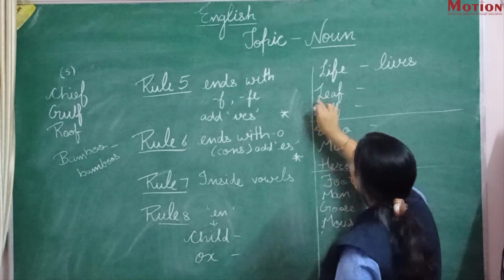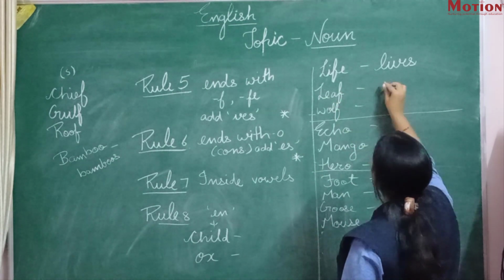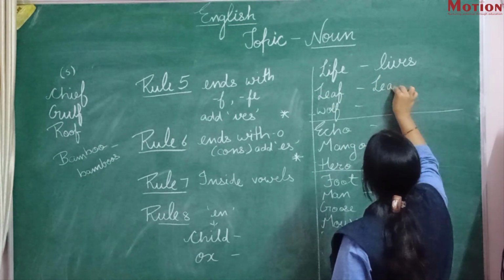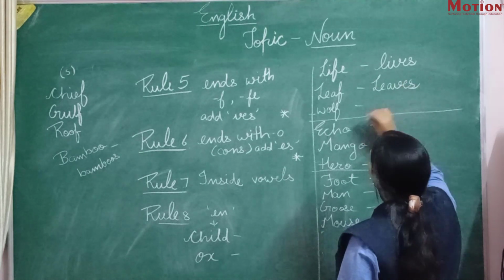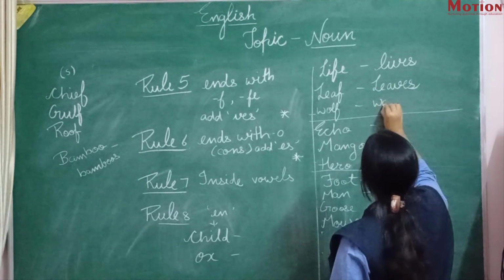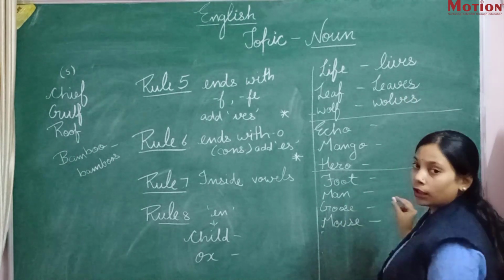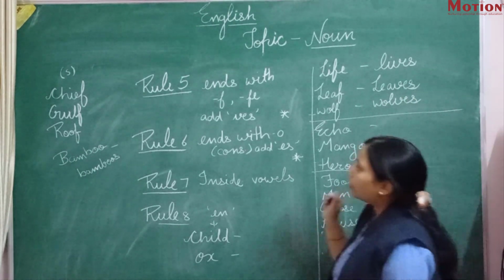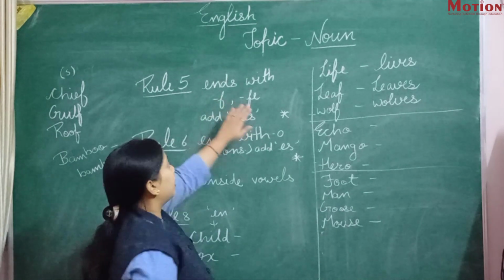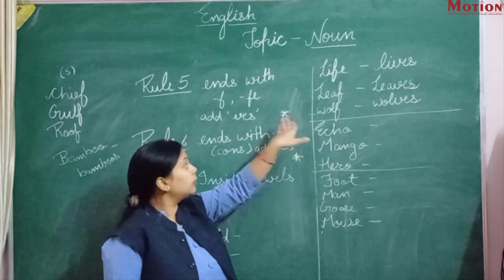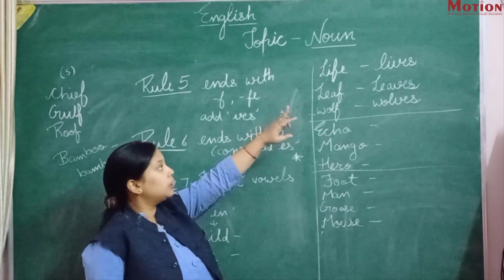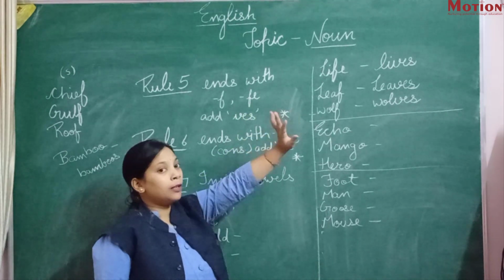Next is leaf, we remove the f. Wolf makes plural wolves. So we remove the f and fe, then we add ves after the noun which has f or fe in the end.